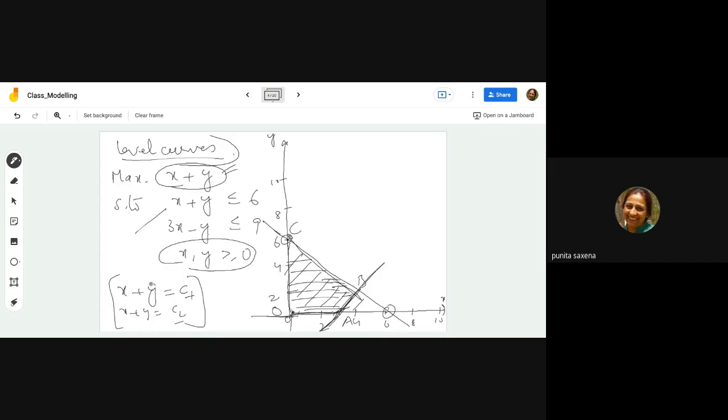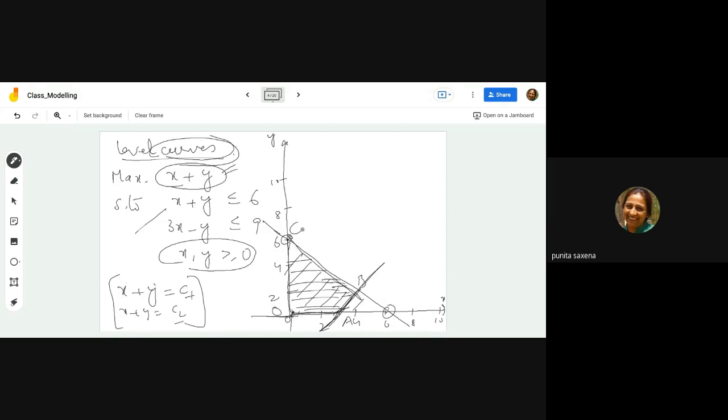Supposing we have more than two variables, 3, 4, 5, and so on. That's why we call them level curves. So what we can do here is, instead of finding the coordinates, see, in the problems we are doing right now, the number of constraints is less, so you get fewer extreme points.